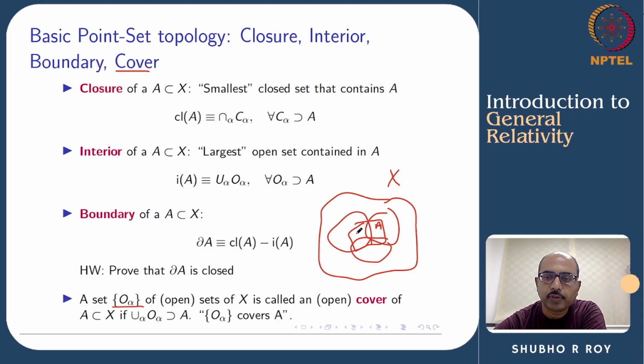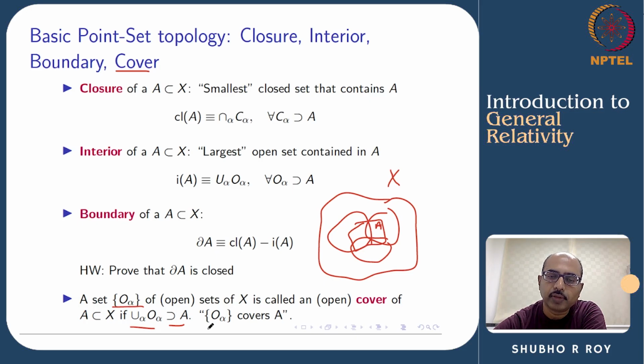Now all of these overlap with A, and the union of all of these contains A. Then we will declare this collection of open sets, O sub alpha, to be a cover of A.